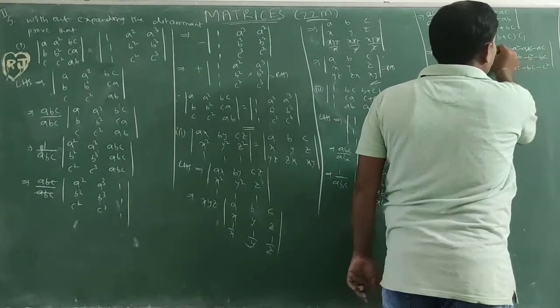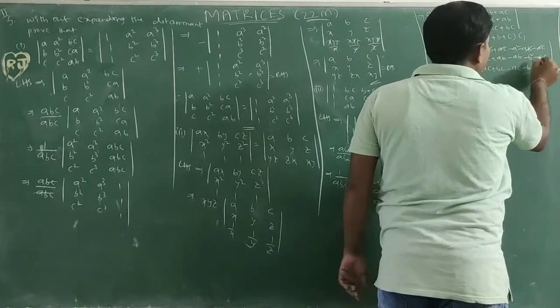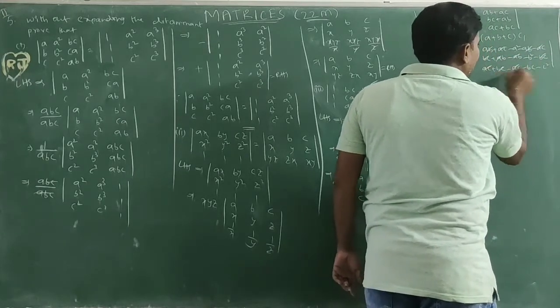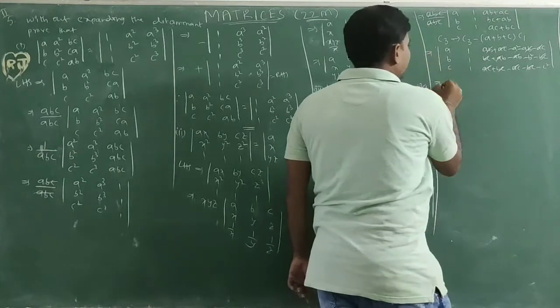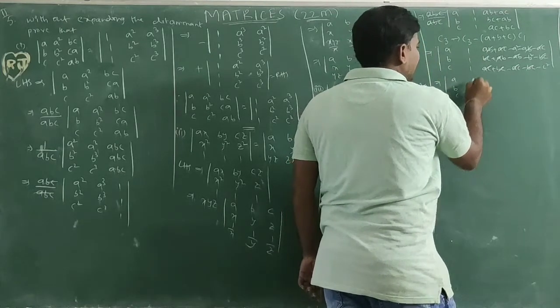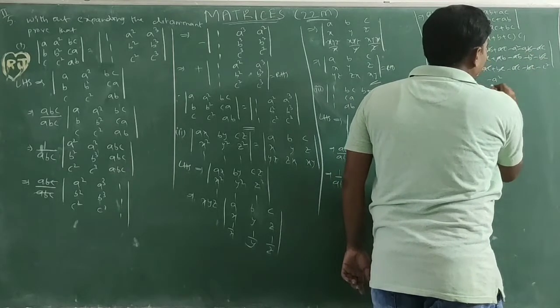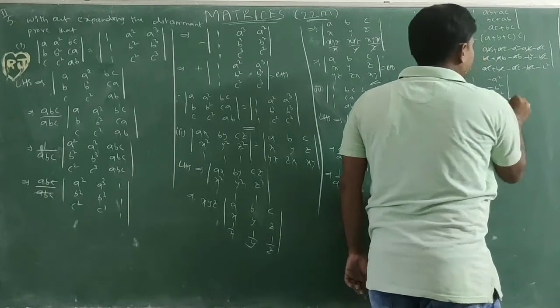Anything cancel? ab cancels, ac cancels, bc cancels. Now a b c, 1 1 1, minus a square, minus b square, minus c square.